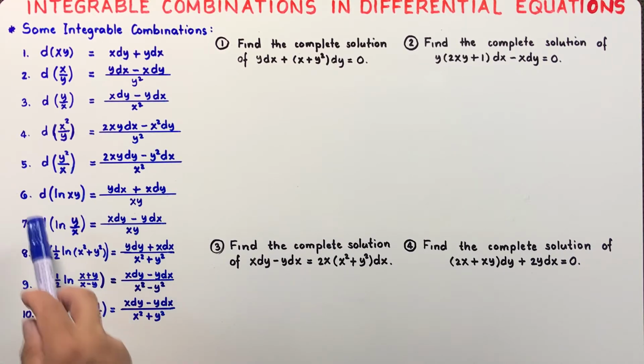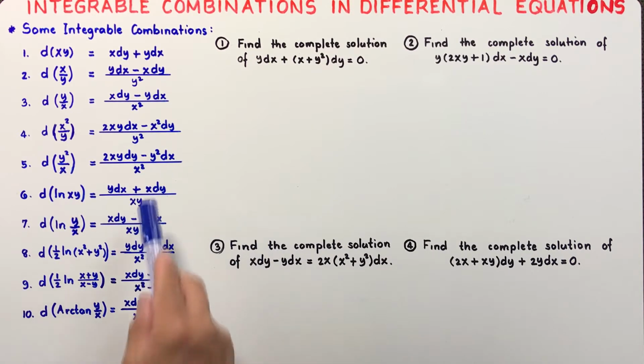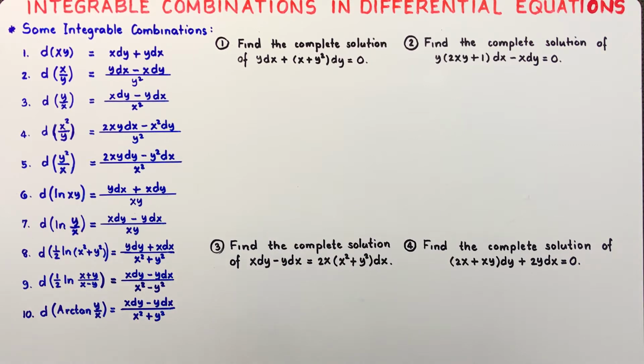And we have here also in number 6 that y dx plus x dy divided by xy is the derivative of the natural log of xy implicitly. But the implicit differentiation of the natural logarithm of y over x is equal to x dy minus y dx divided by xy.